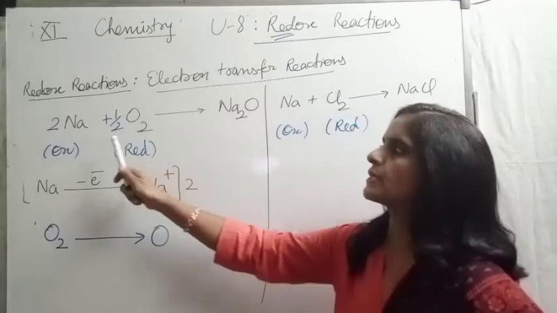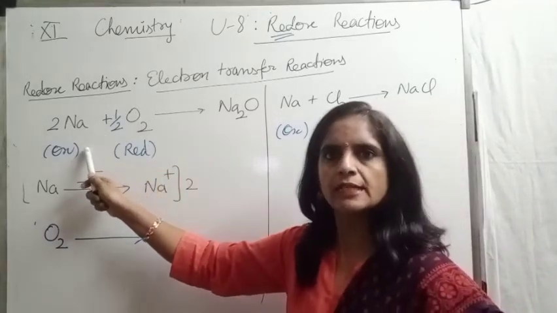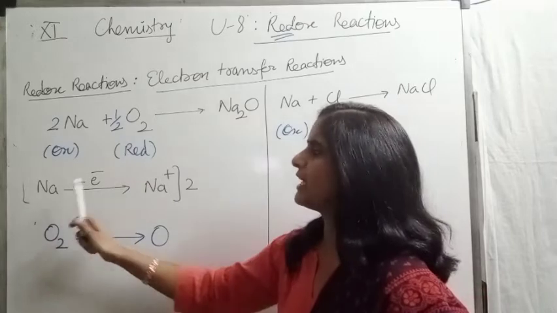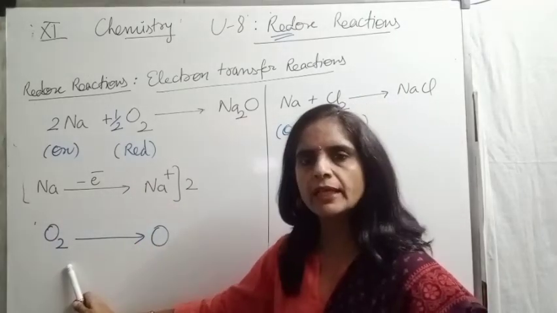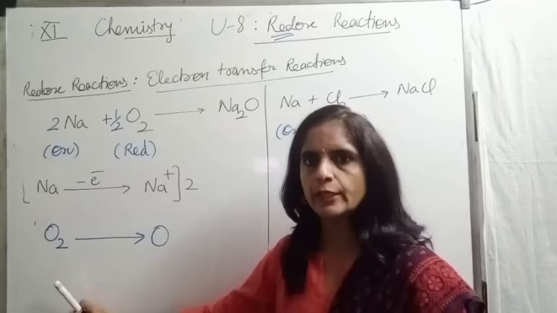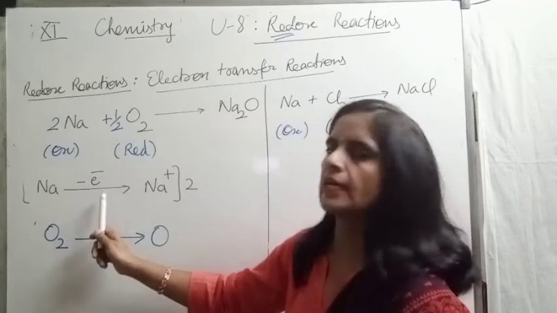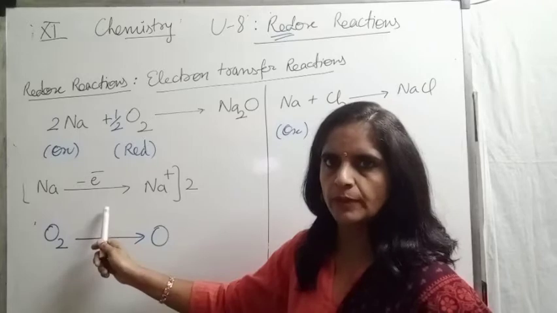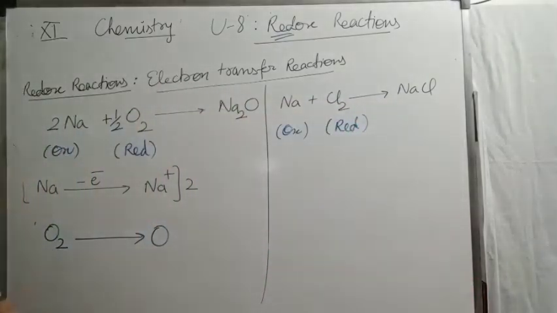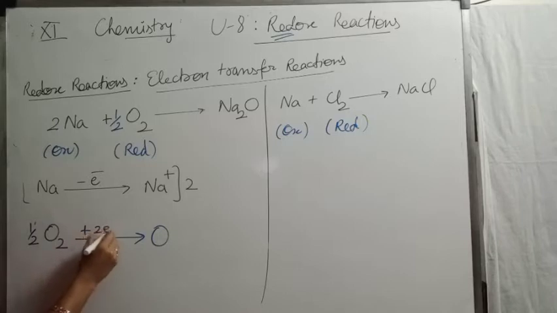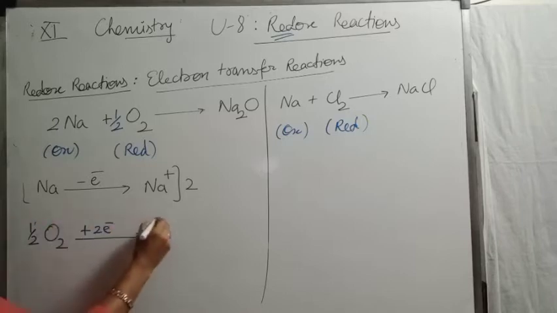The electropositive element, sodium here, will lose the electrons, and the electronegative element will receive those electrons. So the electrons released by sodium are received by oxygen. So the oxygen molecule, half O2, by receiving these two electrons, is converted into oxide ion.